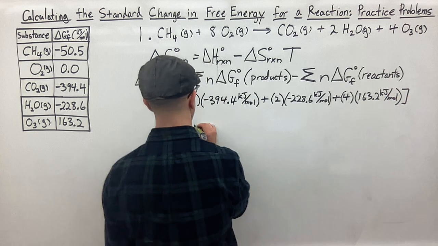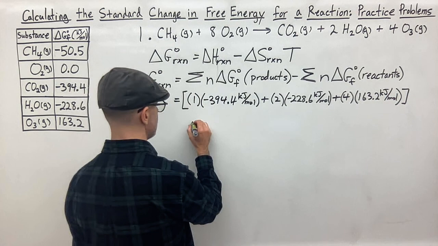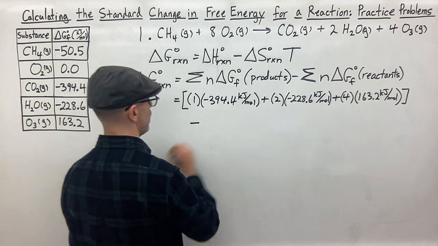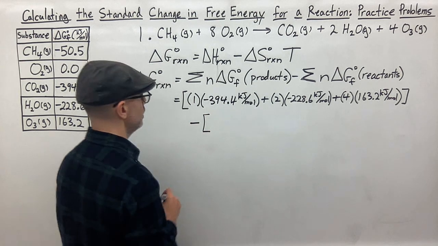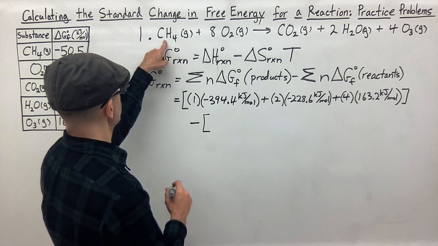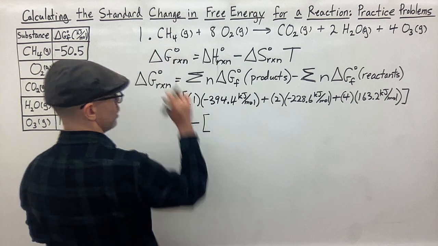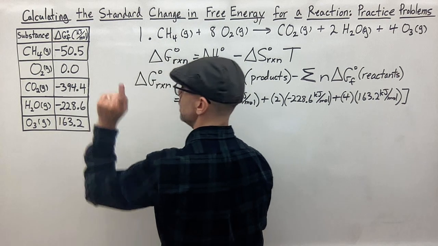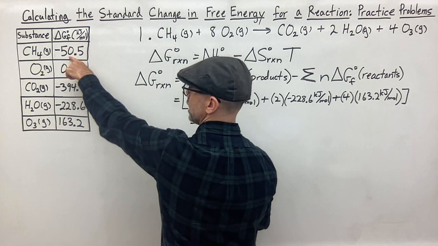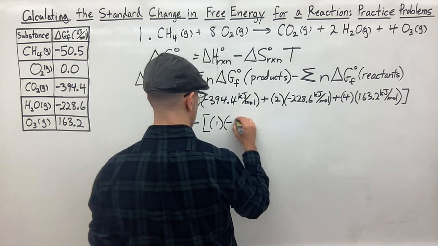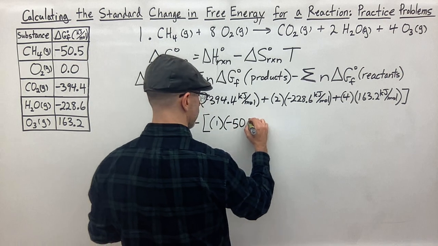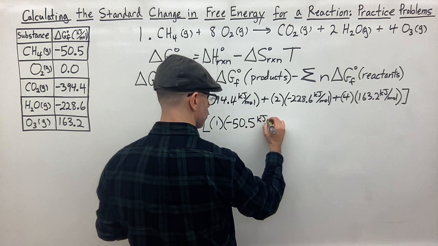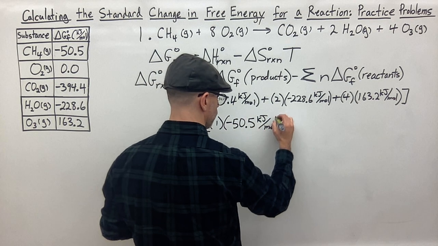And then I'm going to subtract my reactants. So I've got to put this down here because I don't have enough room. So I'm going to subtract out the reactants. My first reactant is methane. I have only one of those, so that's going to be 1. I'm going to multiply that by its standard free energy of formation, negative 50.5. So negative 50.5 kilojoules per mole.